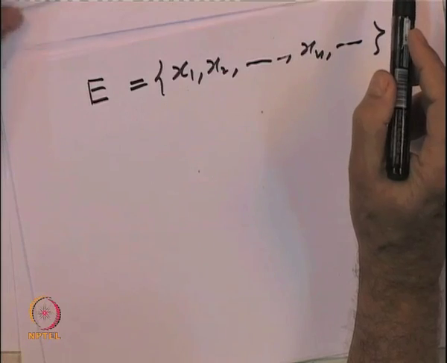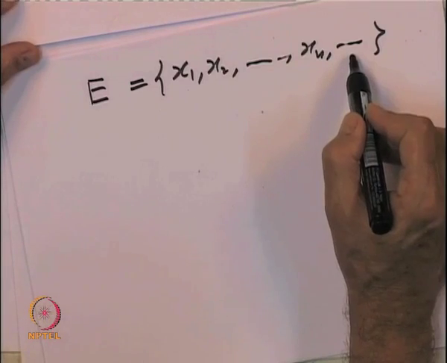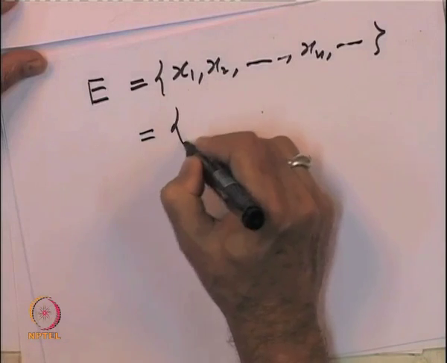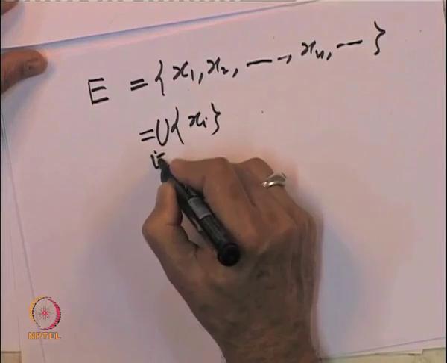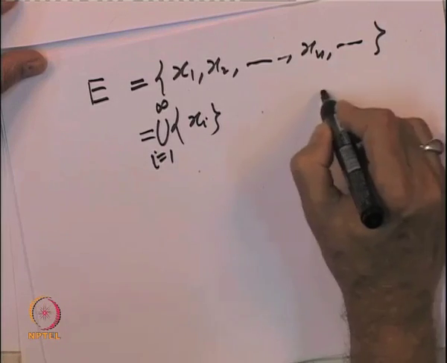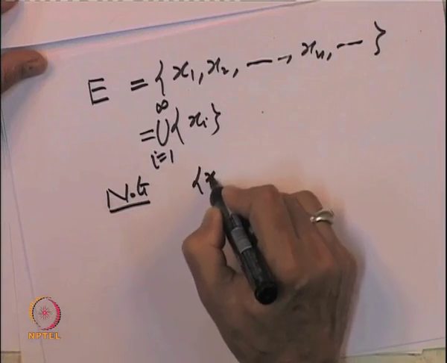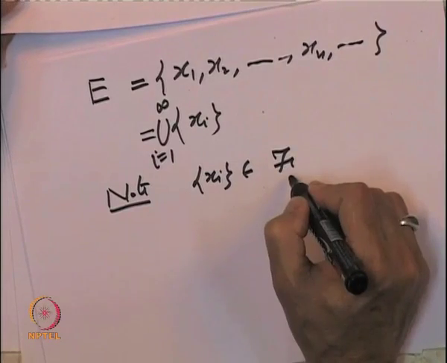It is a countably infinite set, so I can write it as a sequence, I can enumerate the elements of it. That is equal to the union of singleton x i, i equal to 1 to infinity. And let us observe that singleton x i is an element in the algebra F, because a singleton is a finite set.